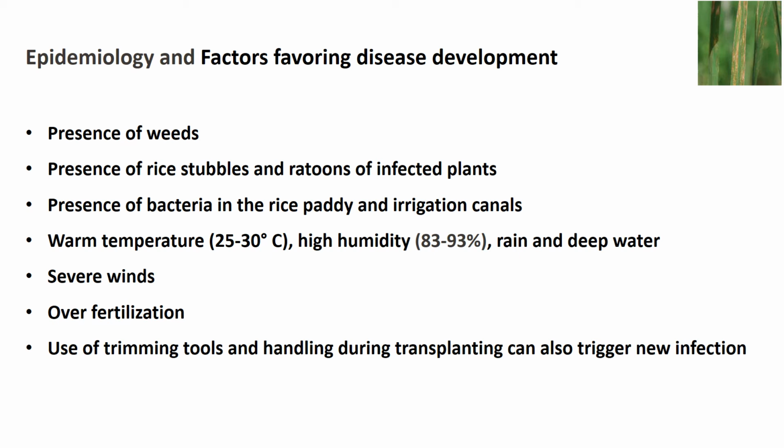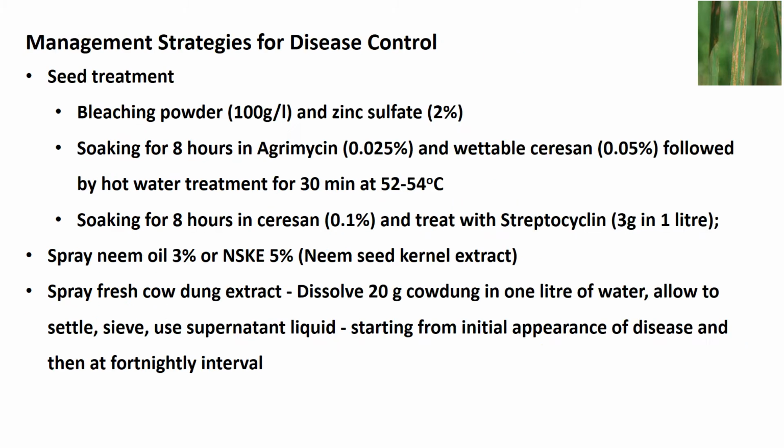A warm temperature and high humidity favors the disease development, and if there is continuous rain and deep water, it also predisposes towards disease development. Severe winds, over-fertilization, etc. are also factors which favor the disease development. The use of trimming tools and handling during transplantation can also trigger new infection in the field.